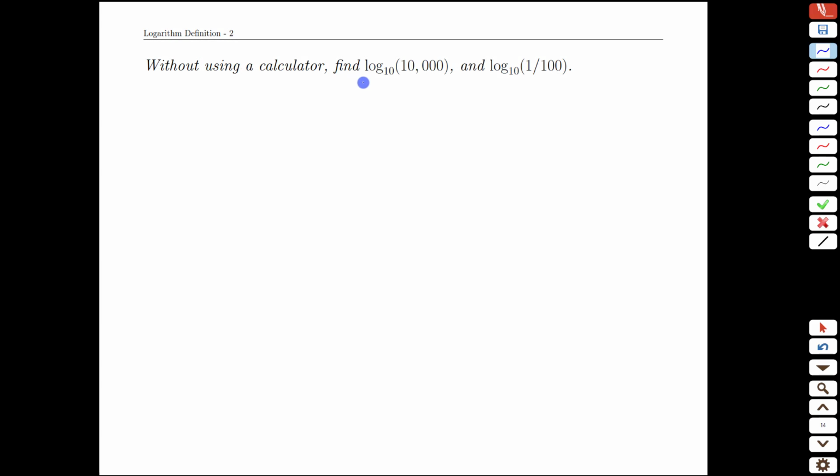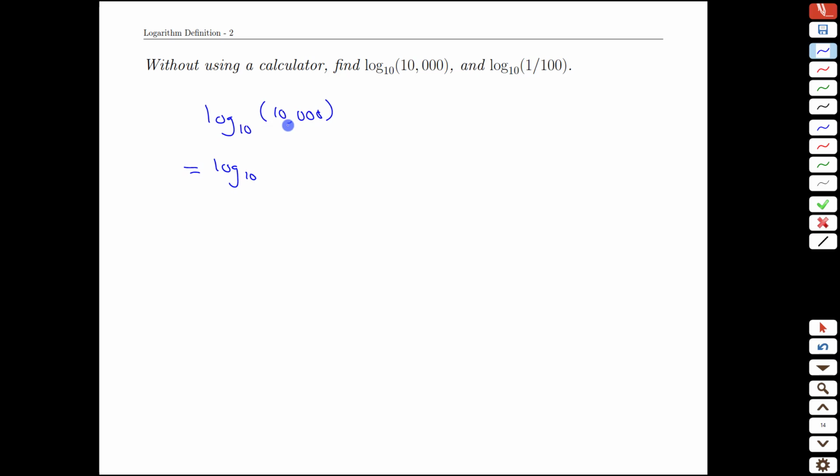With that inverse relationship in mind, take a look at this first example, log base 10 of 10,000, and think for a moment, what could the value of that expression be? It should be a nice simple number. Try for a second to work on that, and then we'll come back. All right.